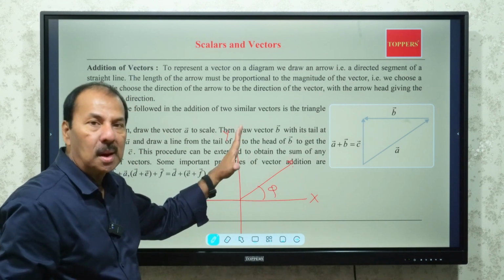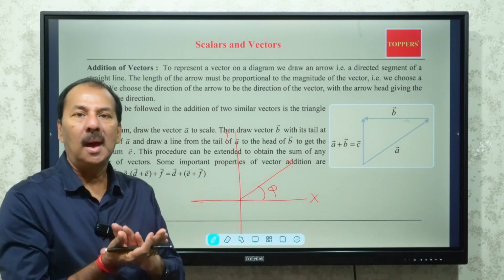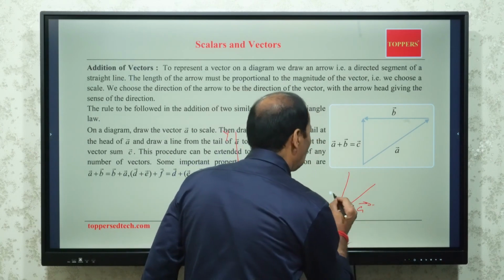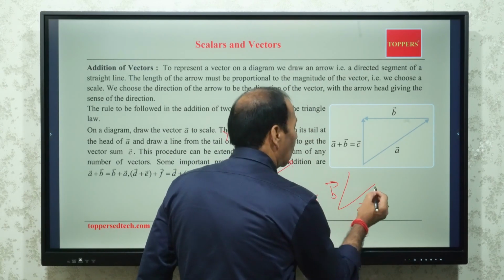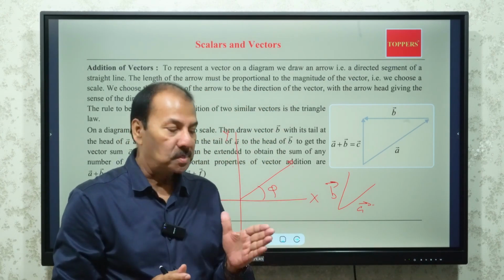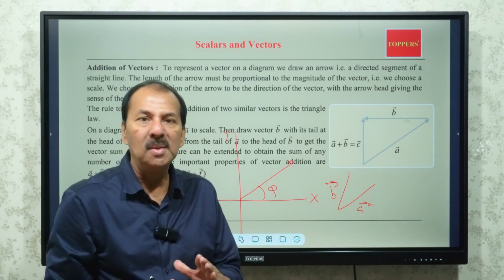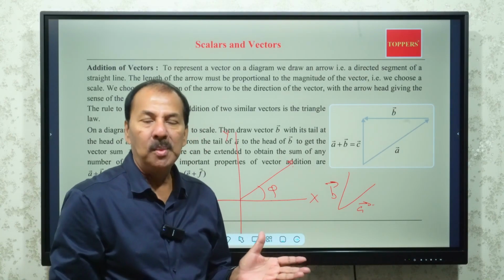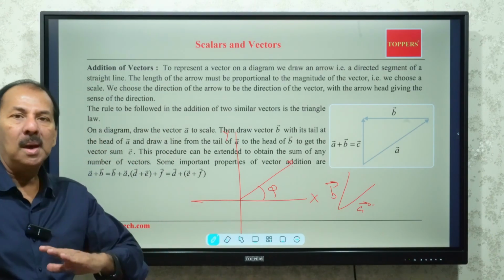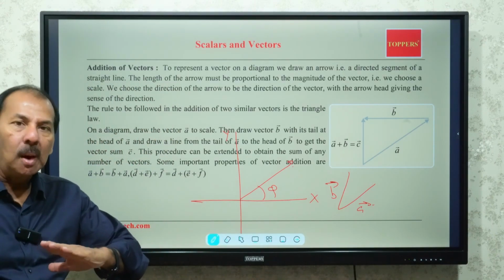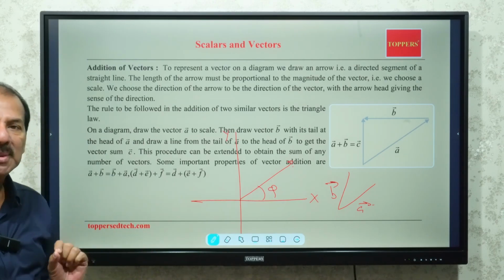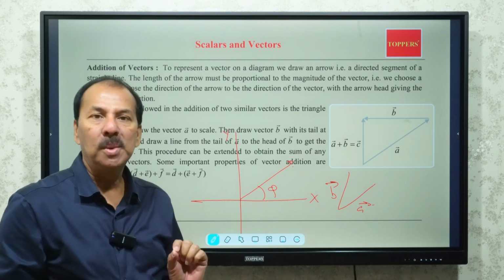If you say the angle between the vectors A and B, when we say A and B it means from A towards B, and when we say B and A it means from B towards A. So if the angle between A and B is theta, it should be from A to B in the anti-clockwise direction. That is the convention that we always follow if angles are to be measured.